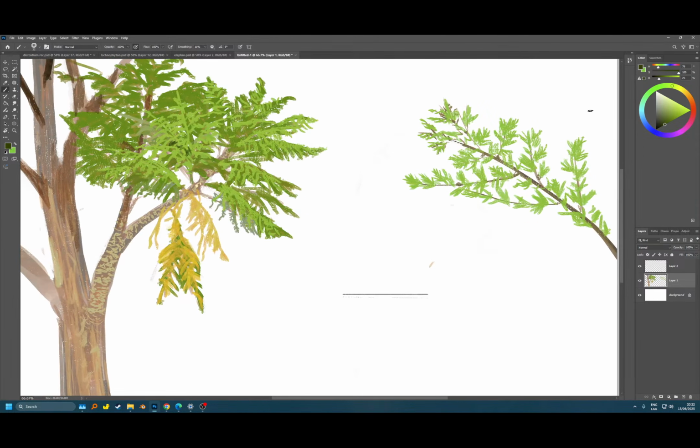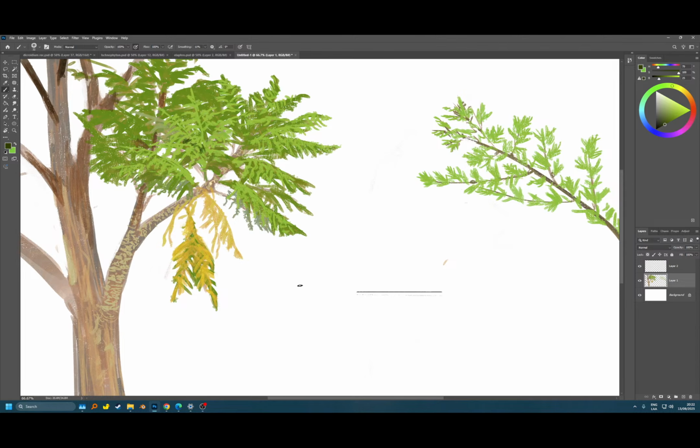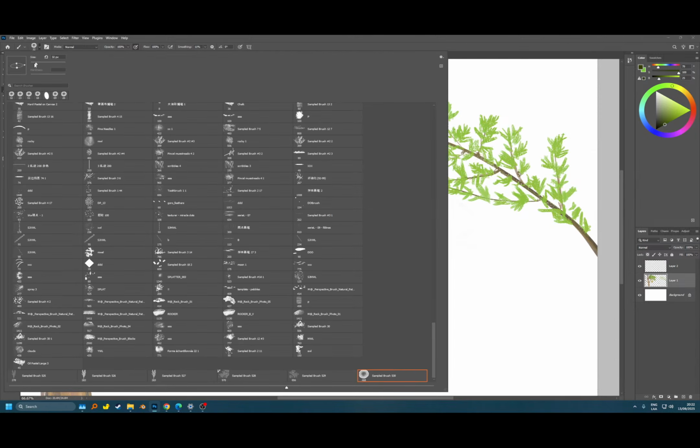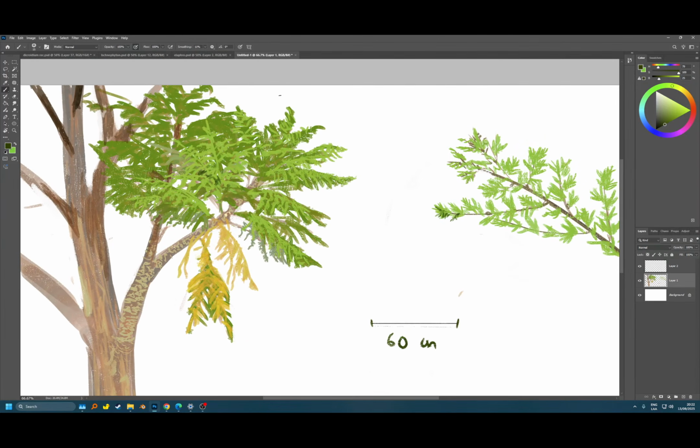Well, this is a first sketch of the plants. This must be Siberia.